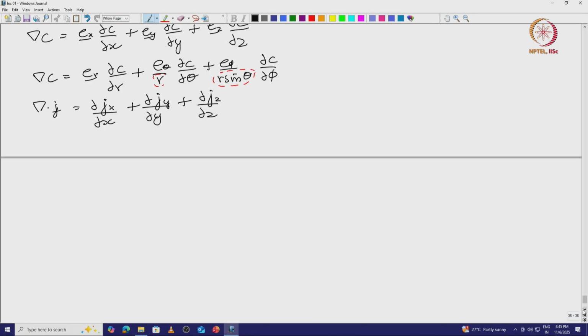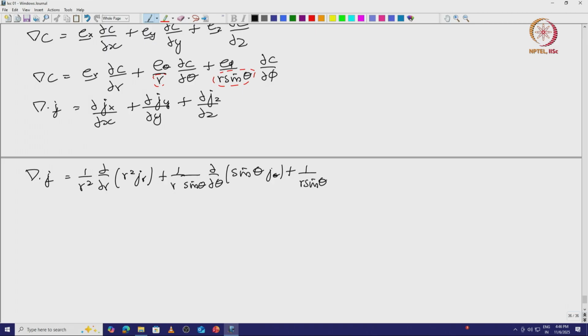And the same thing in a spherical coordinate system can be written as del dot J is equal to 1 by r square d by dr of r square Jr plus 1 by r sin theta partial by partial theta of sin theta J theta plus 1 by r sin theta partial J phi by partial phi.